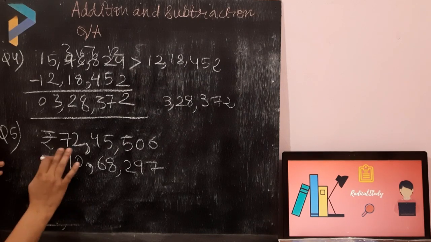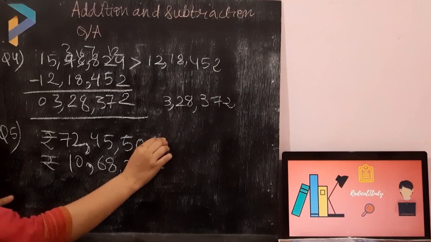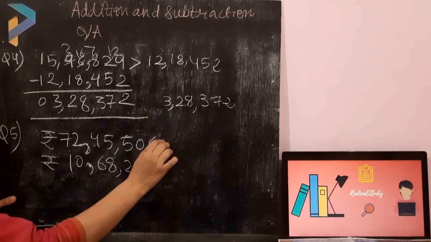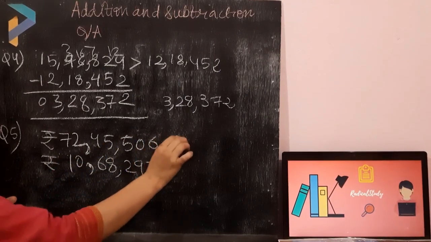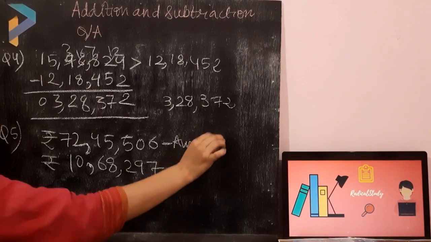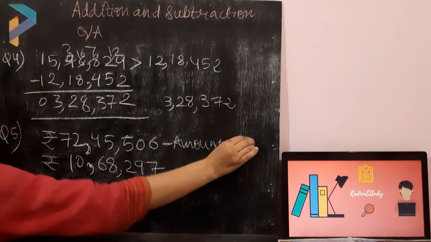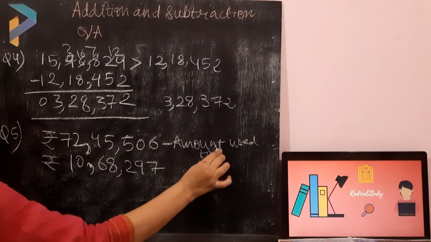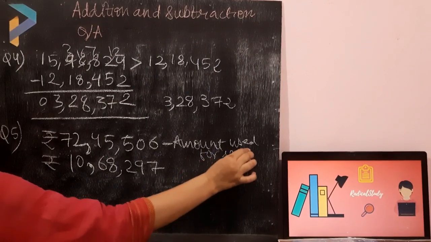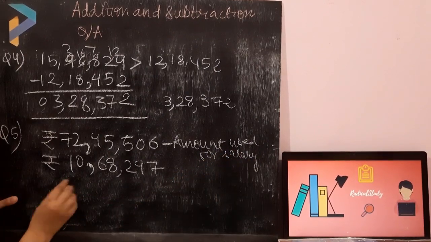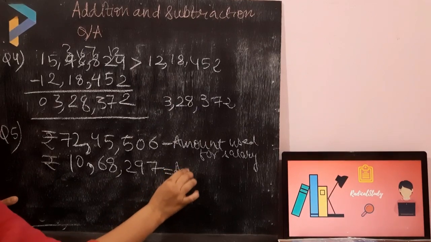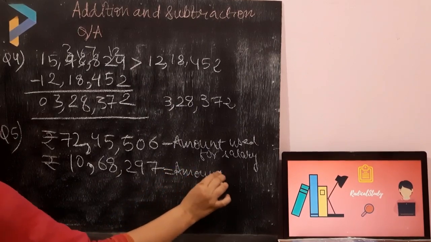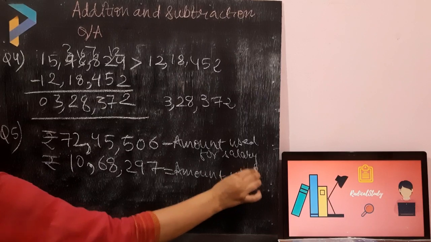So first statement will be amount spent in the salaries of the employee, or the amount used for salary. Now the next statement will be amount used for electricity and expenses.